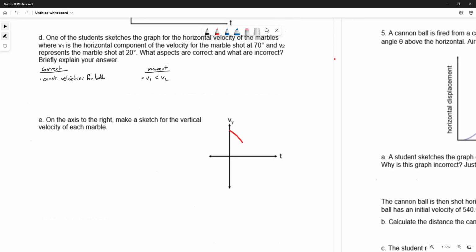It's going to accelerate downwards because gravity is going to pull it down, and eventually it's going to start moving in the negative direction. And if it follows a parabolic curve, it should hit basically the same velocity, but in the negative direction like this, right? And then the other one should start lower on the y-axis and then also accelerate downwards at the same rate, so at the same slope, okay.